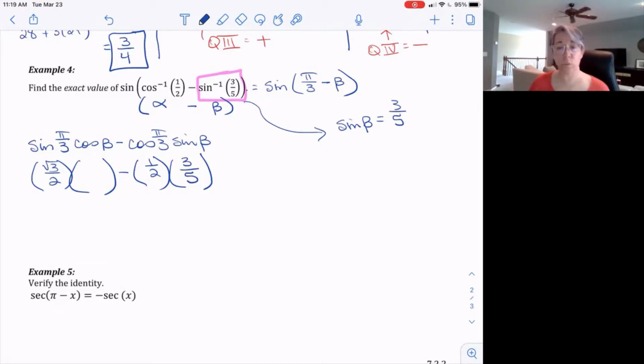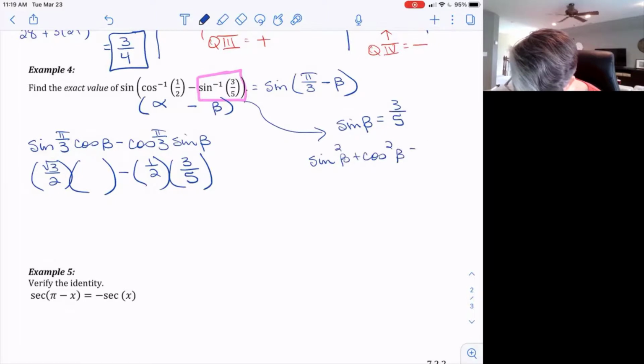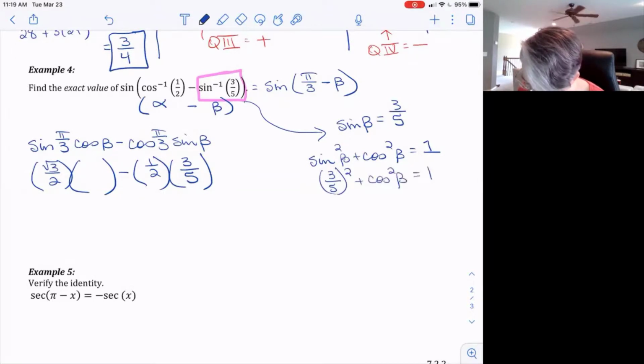So we can use our right triangle trig or our Pythagorean theorem. Let's use the Pythagorean theorem this time, just to give us a little different practice. So remember, the Pythagorean theorem is sine squared beta plus cosine squared beta equals 1. So we get (3/5) squared plus cosine squared beta equals 1.